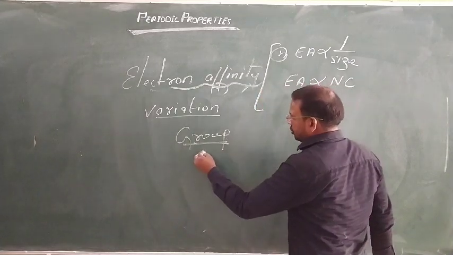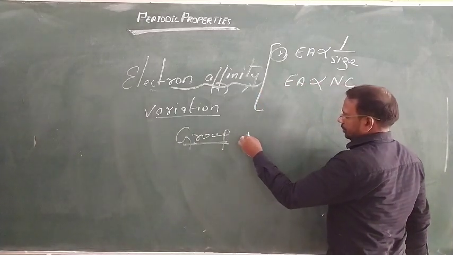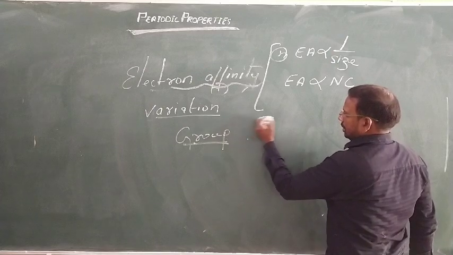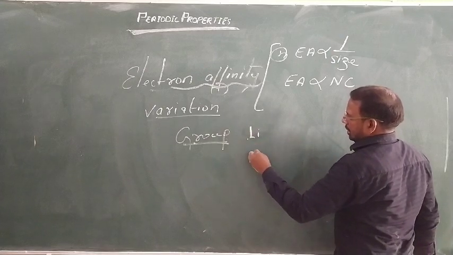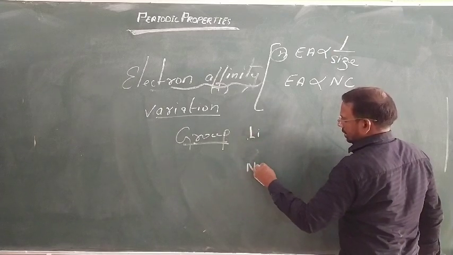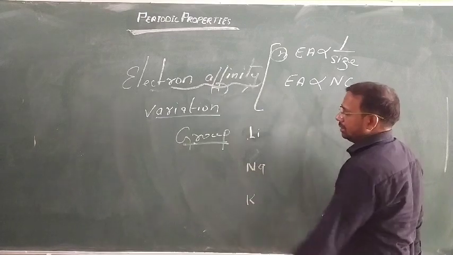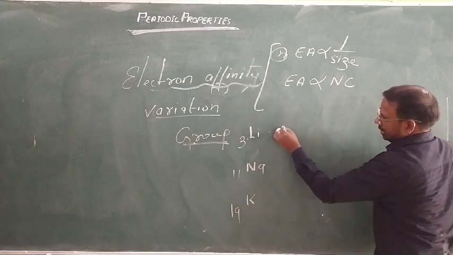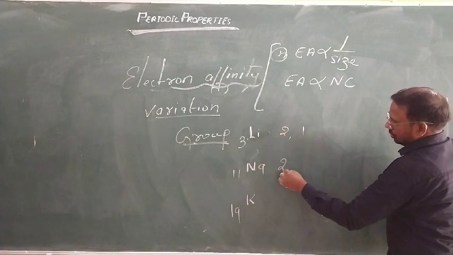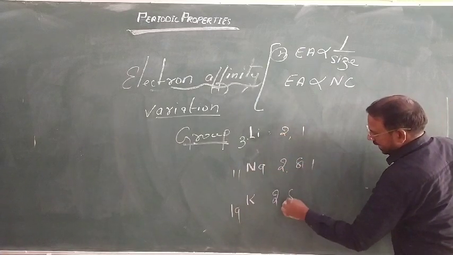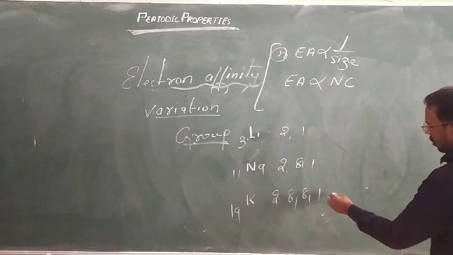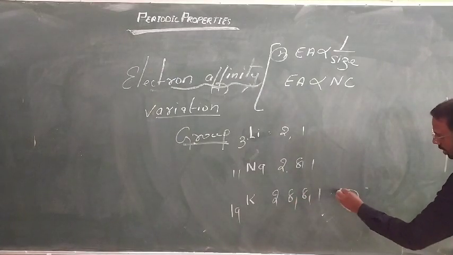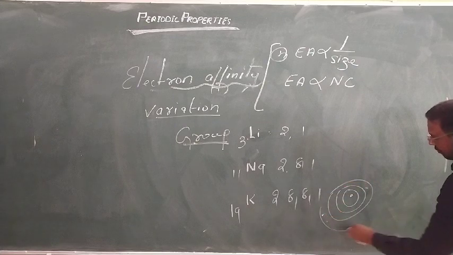Group, just I am taking the first group. I am taking only 3 elements, 3, 11, 19. Configuration 2 1, 2 8 1, 2 8 8 1. If you draw the image 1, 2, 3 and 4.